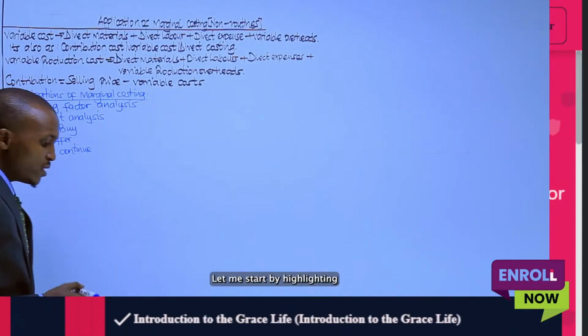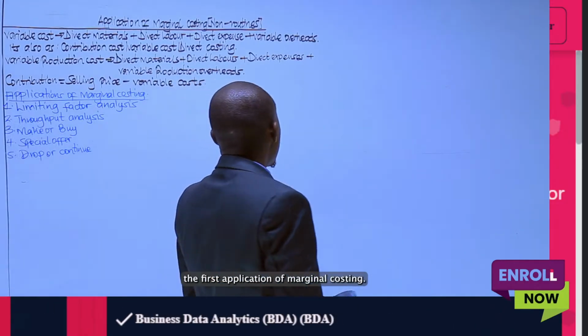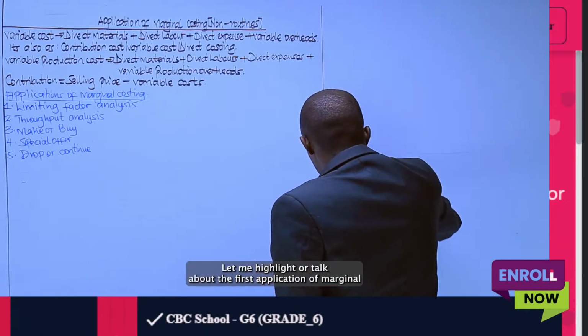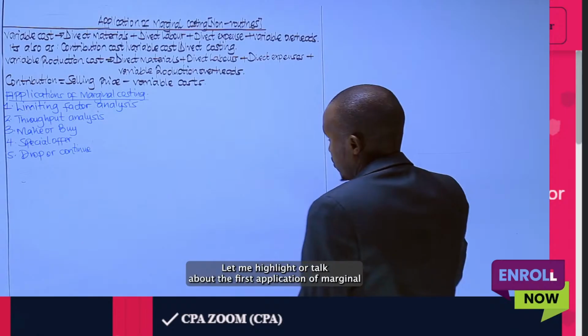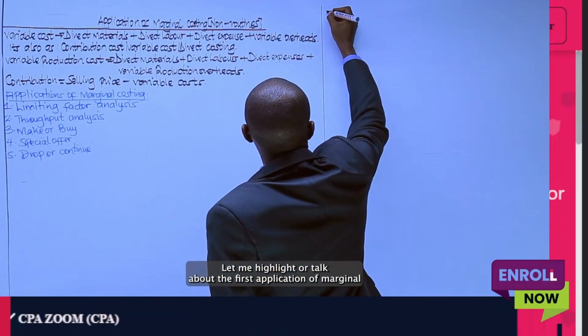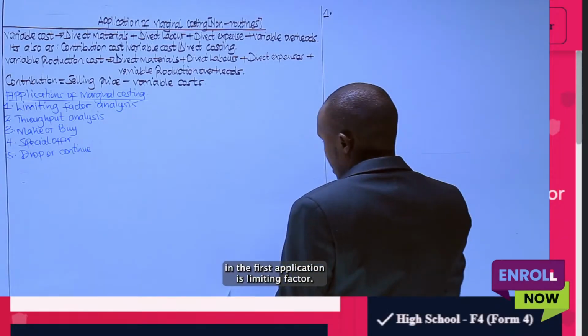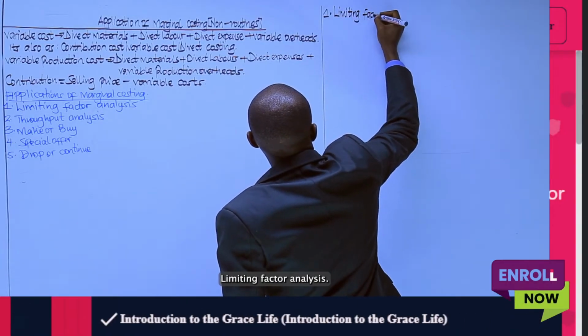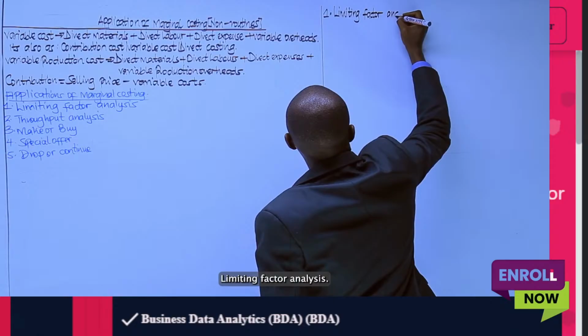Let me start by highlighting the first application of marginal costing. And the first application is limiting factor analysis.